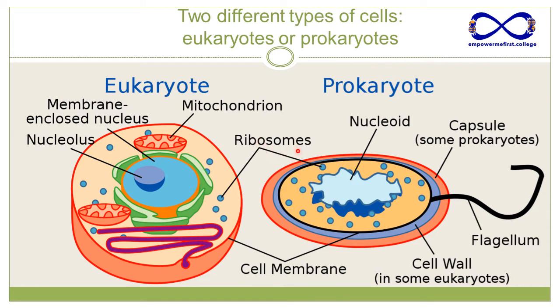We are going to have a look later on at what ribosomes are, and basically that's all. So again, the main difference you have to remember is that eukaryotic cells are even more complex compared to the prokaryotics.